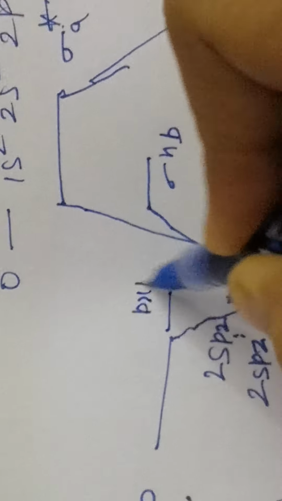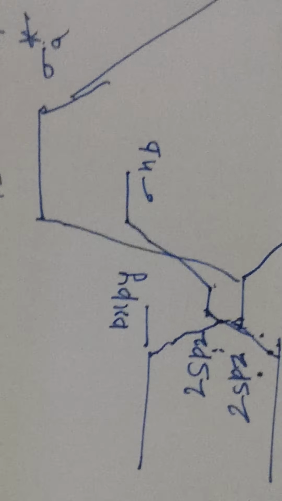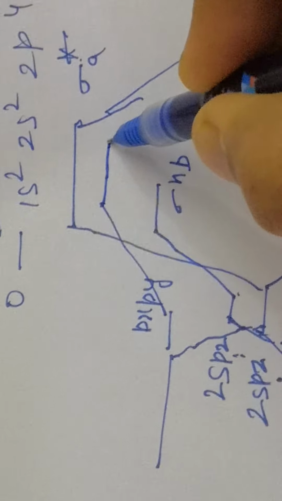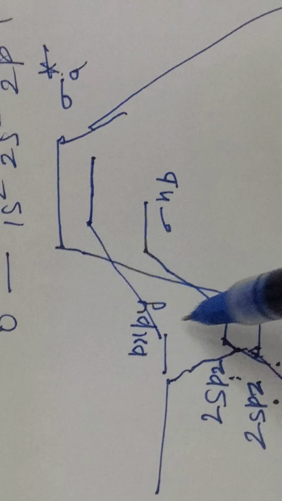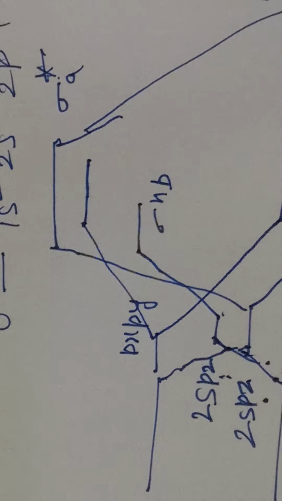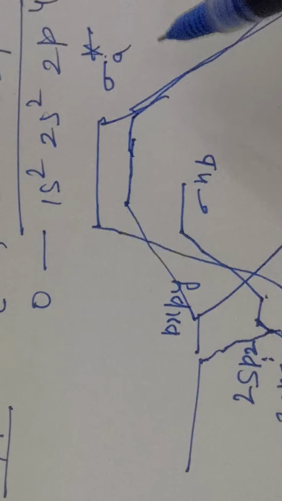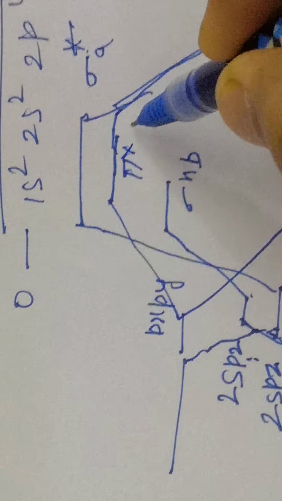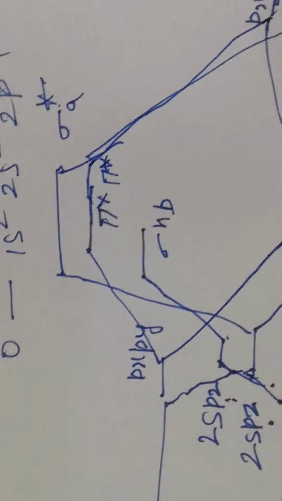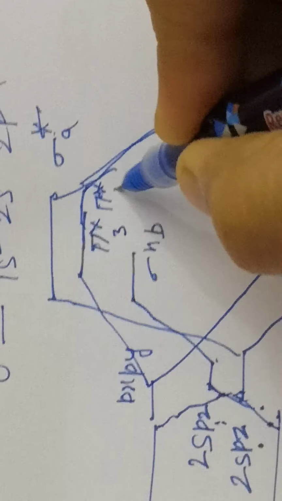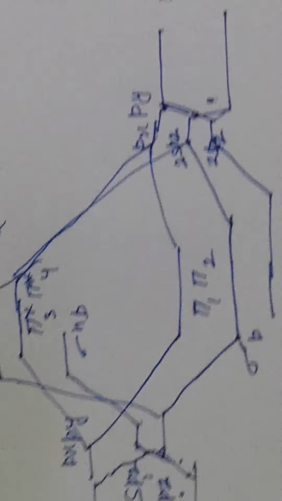The px and py orbitals of the carbon and the px and py orbitals of the oxygen combine together and give pi orbitals.